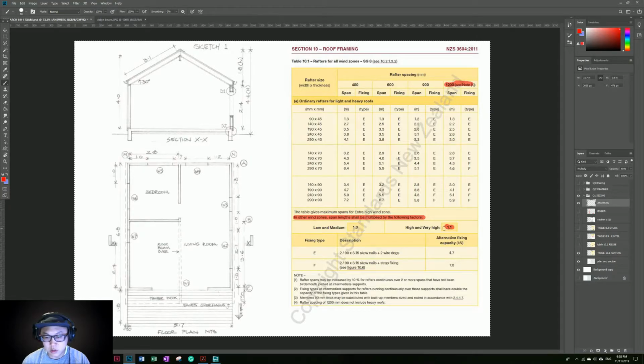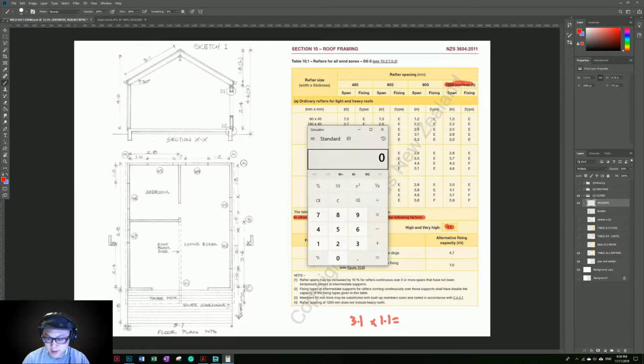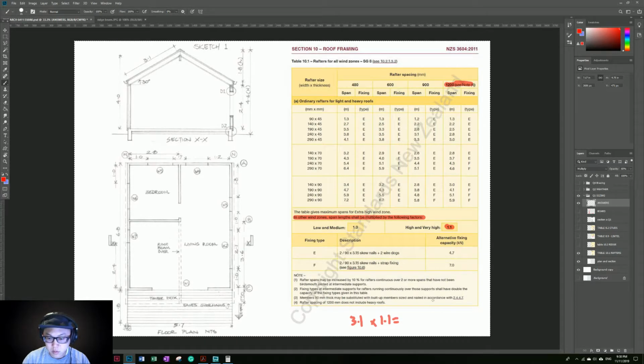So we need to multiply our span, 3.1 multiplied by 1.1 equals 3.4. So that's the span that we need to work with. And so we have to go down to 3.4.